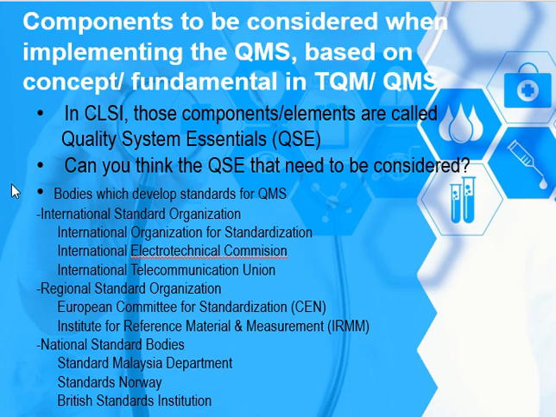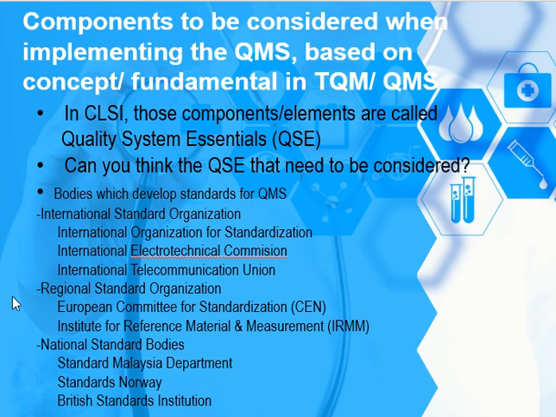So, there are bodies which develop standards for QMS. For international standards, these are bodies such as the International Organization for Standardization, usually we use ISO, the International Electrotechnical Commission, and the International Telecommunication Union.